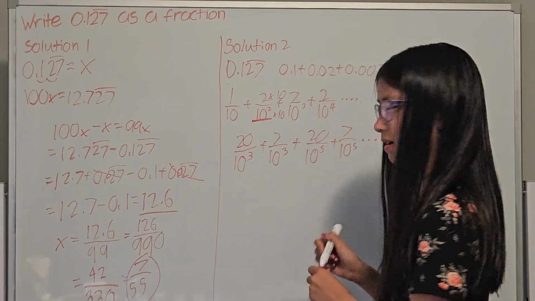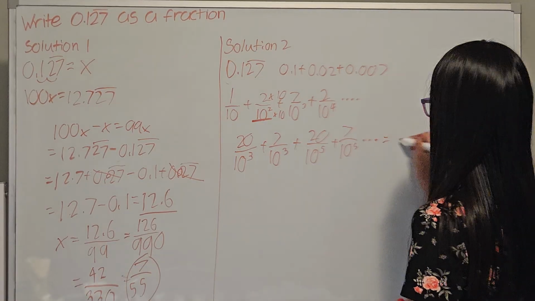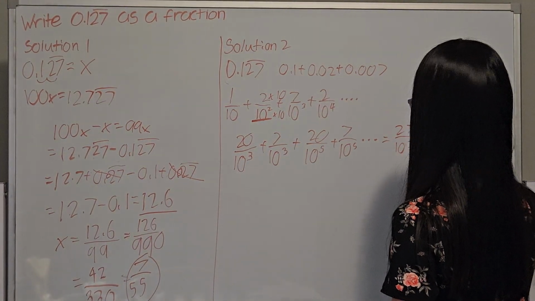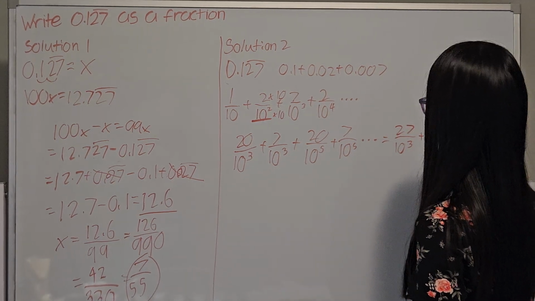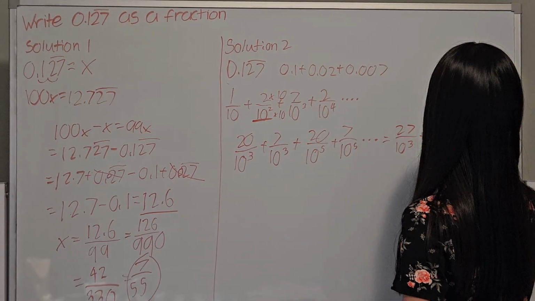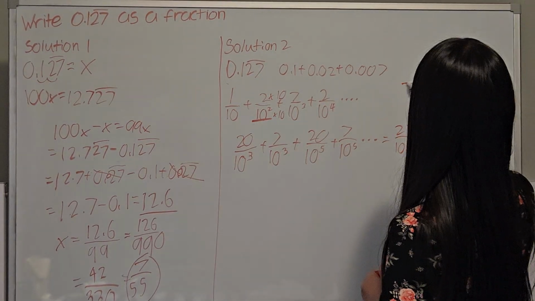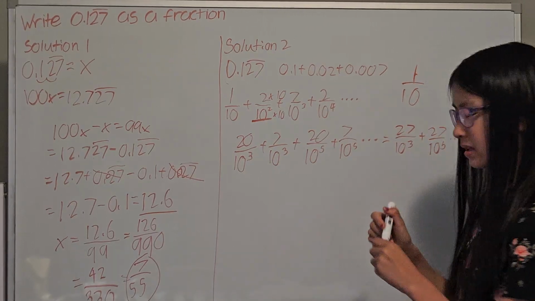Okay, we have this, and we can simplify it into 27 over 10 cubed plus 27 over 10 to the 5, on and on and on. And that we are going to leave to the side for later.